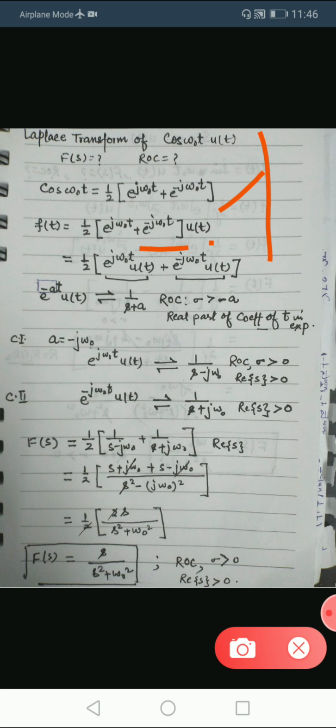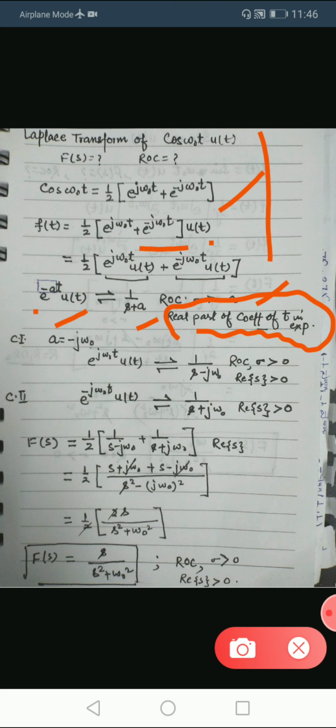Here we know that the Laplace transform of e to the power minus a t u(t) is 1 upon s plus a, with ROC sigma greater than minus a, the real part of the coefficient a. This is proved in the previous lecture.